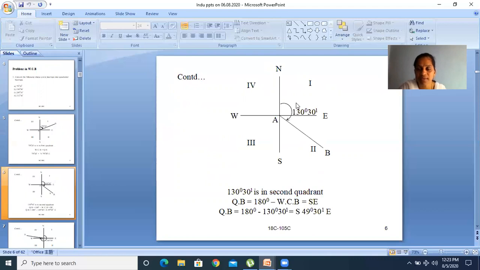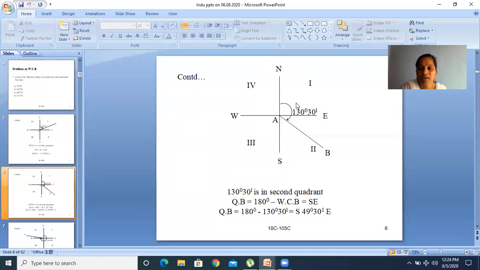What is the rule to convert from WCB to QB in the second quadrant? Yes, QB is equal to 180 minus WCB.